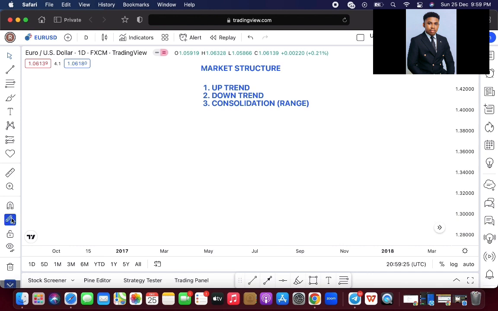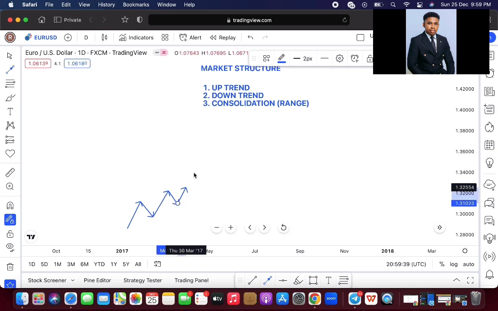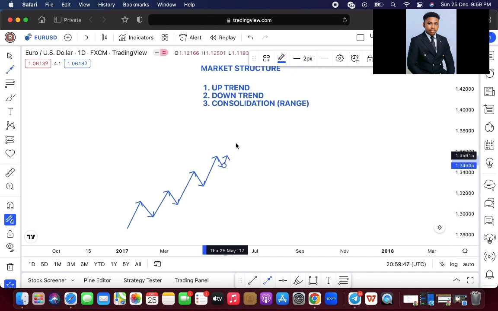So what is an uptrend exactly? It's when the market is making higher highs and higher lows. When the market is moving like this, because the market doesn't move in a straight line, it pushes and pulls back. It's kind of like a step movement.